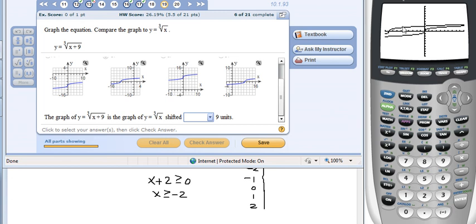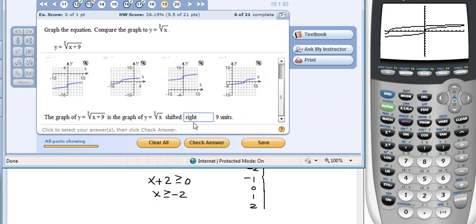Okay, so we're going to compare this first one to the second one. Which way has it been shifted? Kind of looks to me like it's been shifted to the right, doesn't it? Isn't the bump shifted to the right 9 units, it looks like?